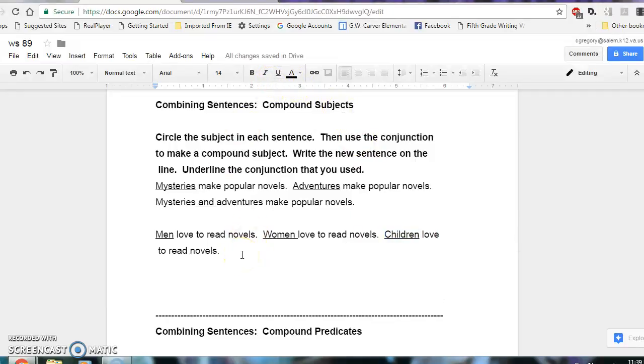So in order to join these 3, we are going to need to use commas in a series. Men, comma, women, comma, and children love to read novels. We have a simple sentence with 3 subjects there.